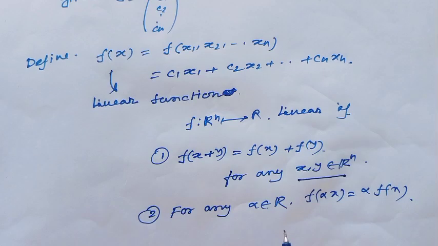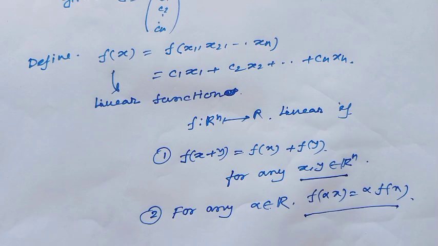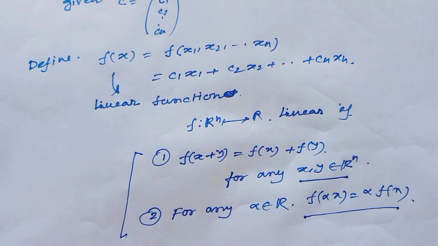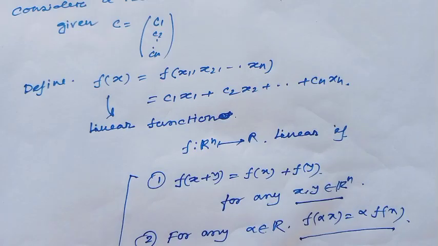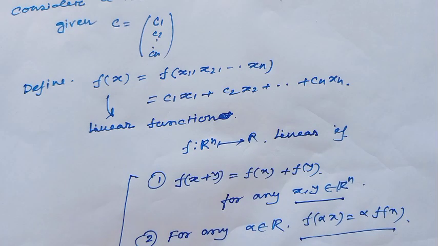Second, for any alpha belonging to R, f of alpha x equals alpha times f of x. If these two conditions hold, then we can say our given function f, defined from Rn to R, is linear.